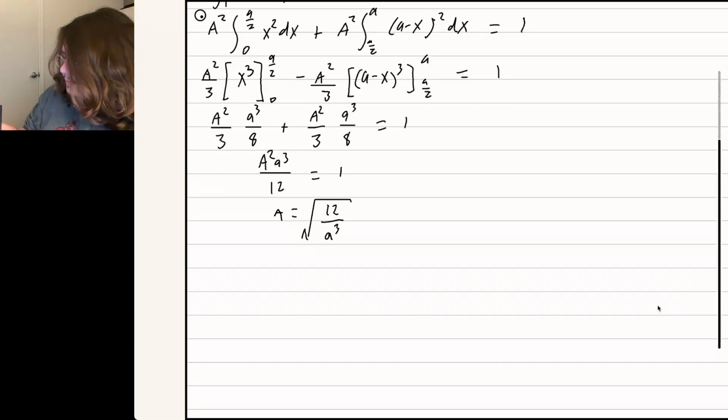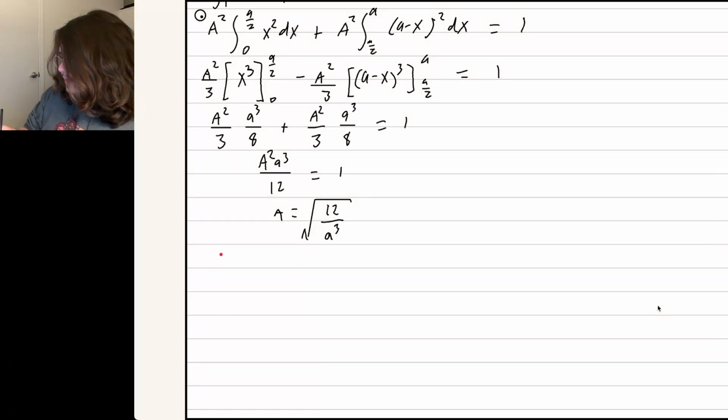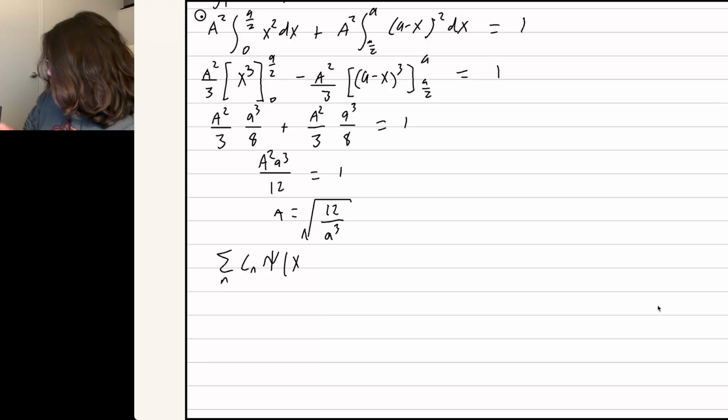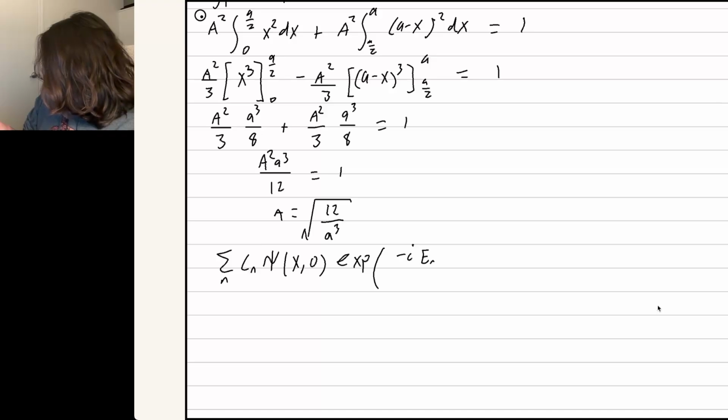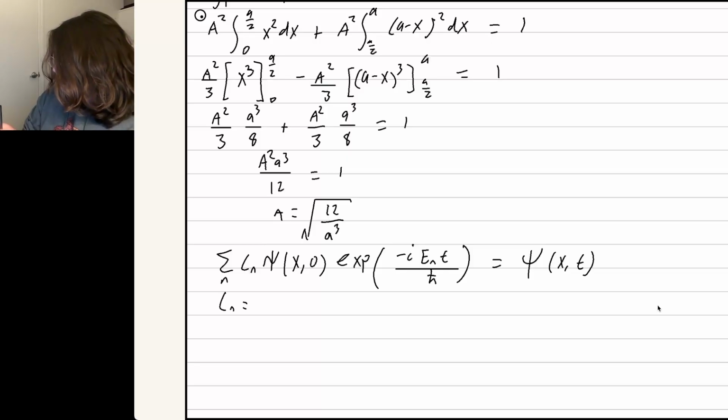And the way to do that is by taking the sum over n of Cn times the time-independent wave function times the time evolver, which is e to the minus i E_n t over h bar, which will give us the time-dependent wave function, which means we need to find out what Cn is.